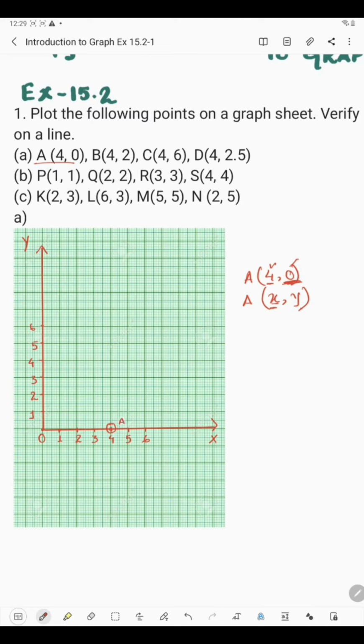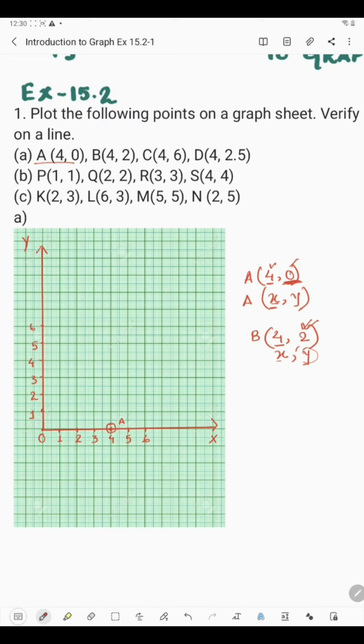Next we have B, which is 4, 2. The first value is x and the second value is y. So x is 4, that means here is 4, 1, 2, 3, 4 here only, and the value of y is 2. For putting the value of y we will have to go up. Here is 1.